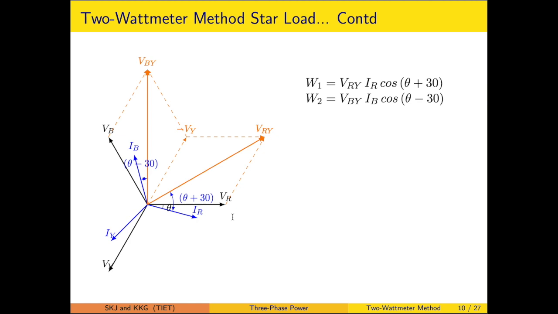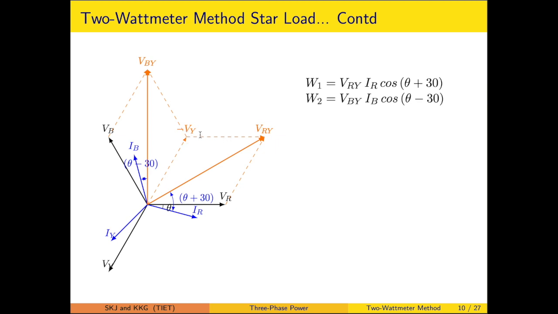Now Y is taken as a reference, so we have to first mark VRY. We will extend the negative of VYN and apply the law of parallelogram, so correspondingly we will be able to draw VRY.